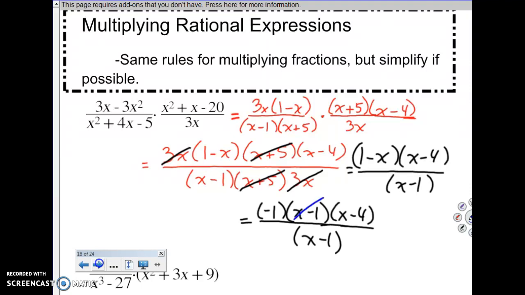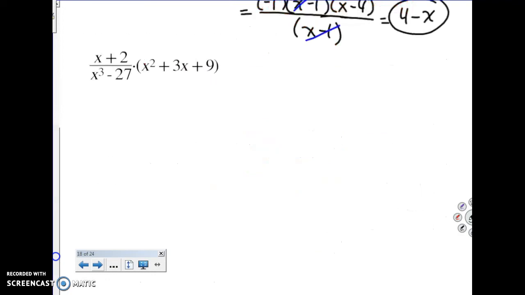And now these guys cancel out. And my simplified version would be 4 minus x, or negative x plus 4. Either one.